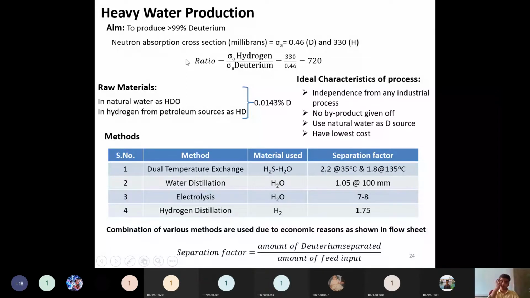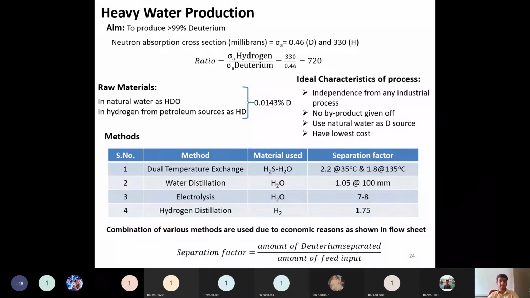Because of this low neutron absorption cross section, deuterium is in great demand in the nuclear power production industries. Indian nuclear reactor technology does not provide uranium enrichment facilities.